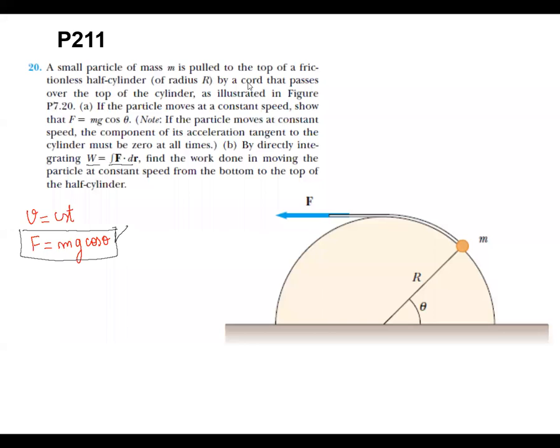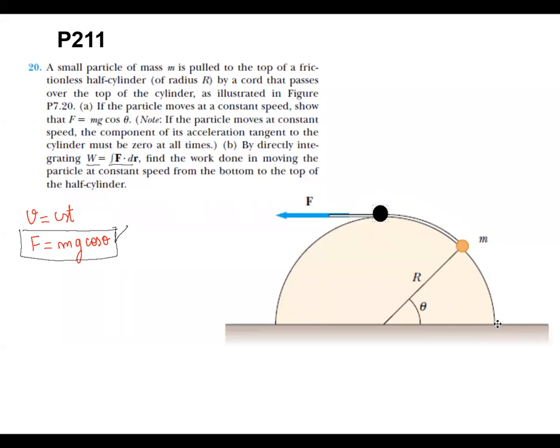Now we have the object initially at this position, and we need to apply a force F because the ball is attached to the cord. We push with F to move the object from the bottom at this point to the top of the cylinder.